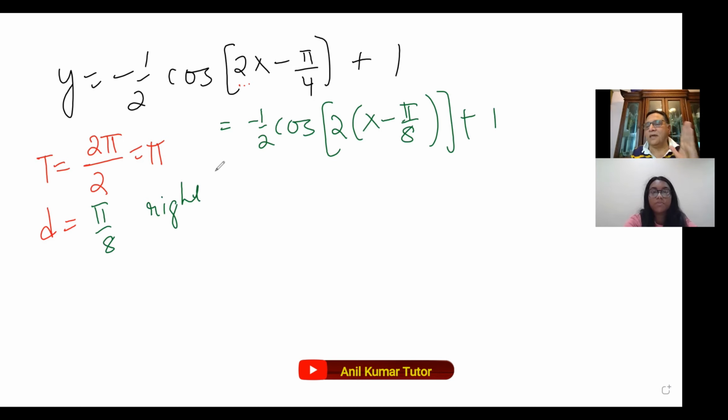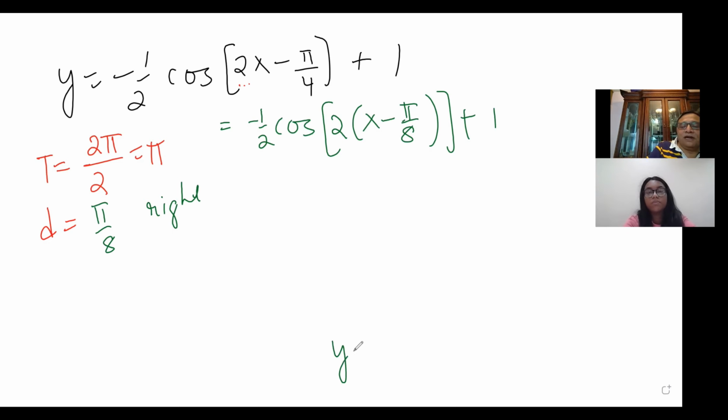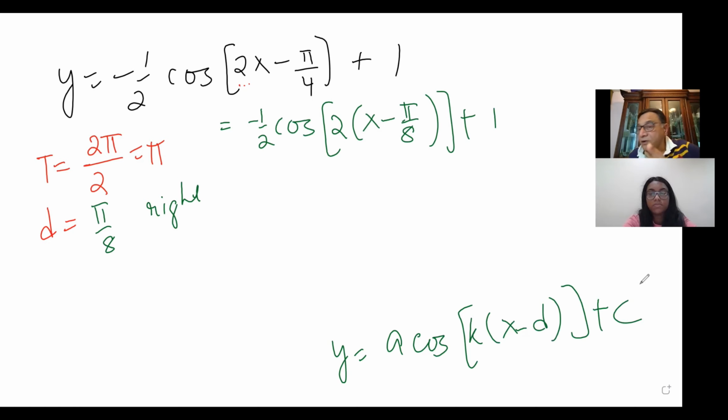Always factor k, because it's kx minus d. General equation is y equals a cos, let me write cos this time, k(x minus d) plus c. The x minus d is in the bracket, k is outside the bracket. So you have to factor it, otherwise you get a wrong value of d.